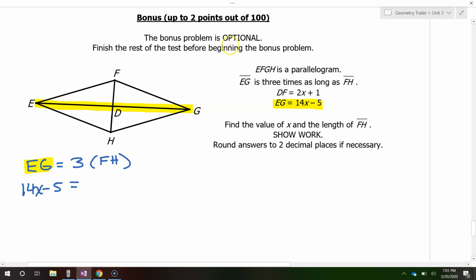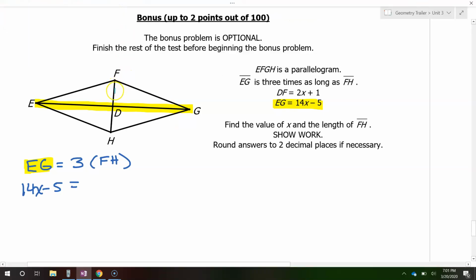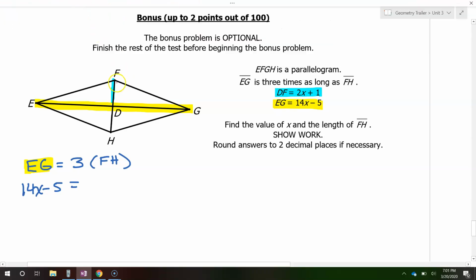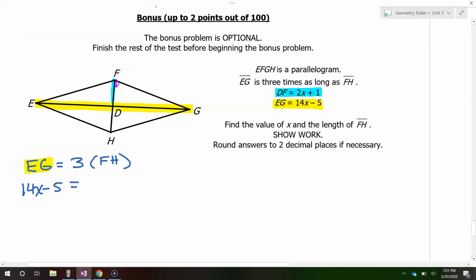Okay, now I think it's time to look at the relationship between DF and FH. So look, here is DF right here. This is DF. Maybe I should color that. So there's DF right here. Now, what about FH? FH is the whole thing.